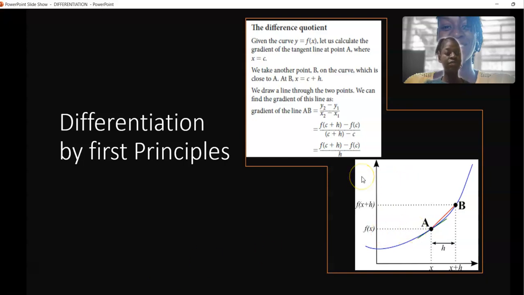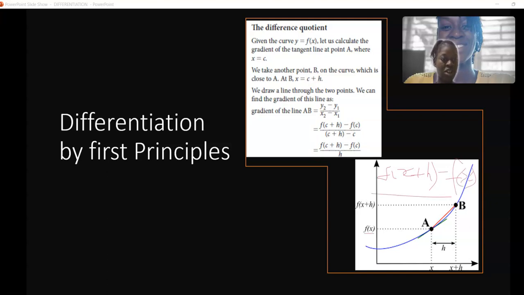So in the case where we have x, y2 would be f of x plus h, minus y1, which is f of x, all divided by x2, so x plus h, minus x. This is called a difference quotient, and this is what we use to differentiate using first principles. I will soon show you exactly what I'm talking about.